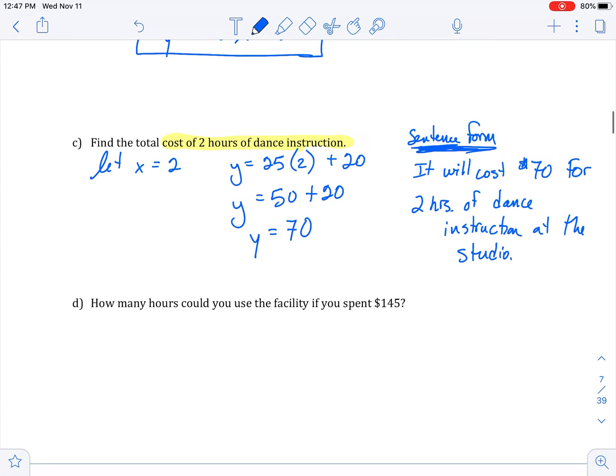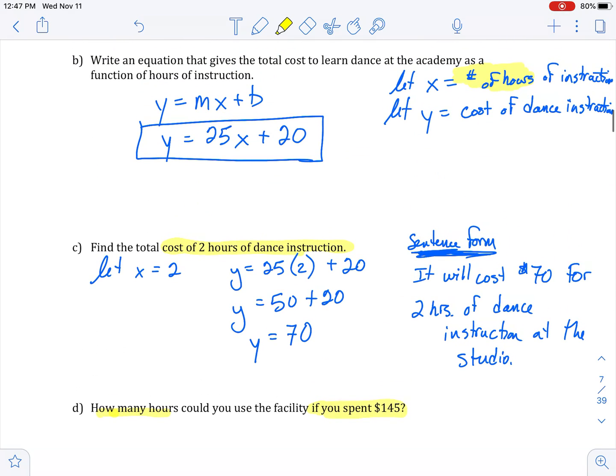Last but not least, it asks how many hours you would have if you spent $145 for dance instruction. $145 represents the cost, which is y.